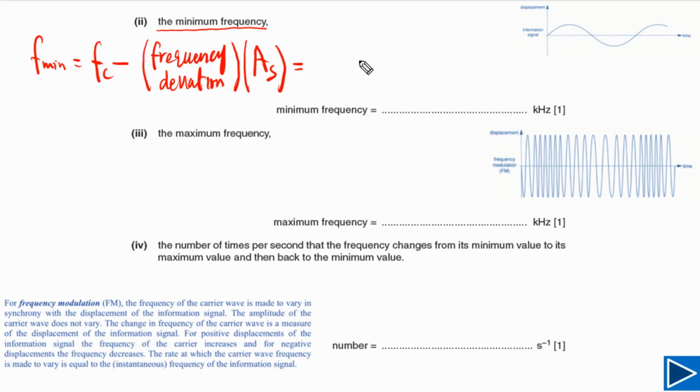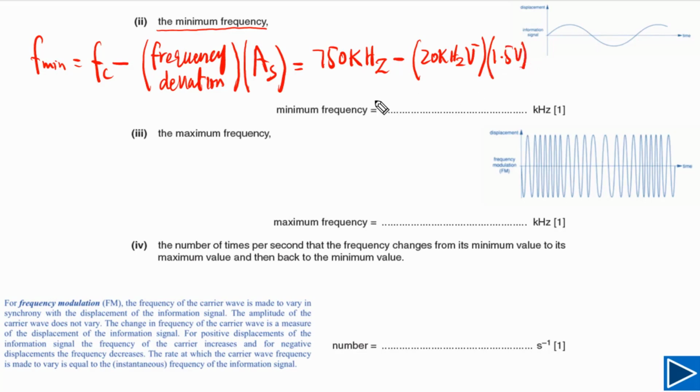If we plug in values, the frequency of the carrier wave is 750 kilohertz, the frequency deviation is 20 kilohertz per volt, and the amplitude of the signal is 1.5 volts.